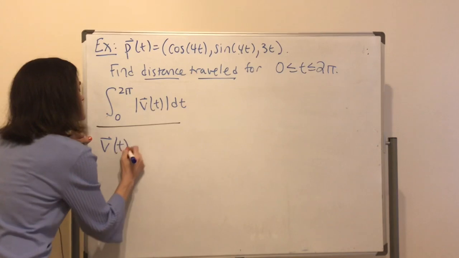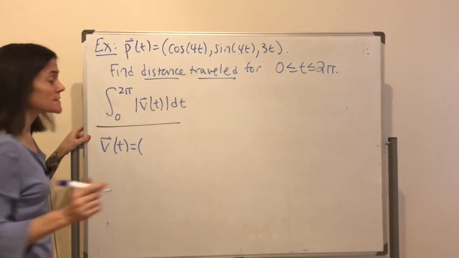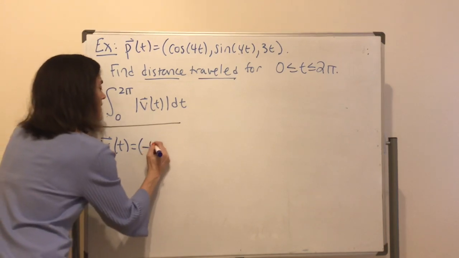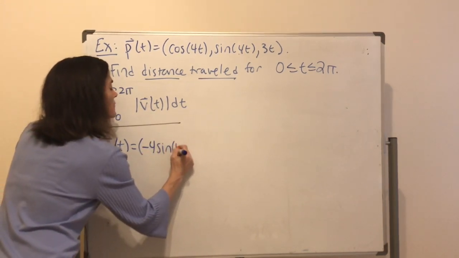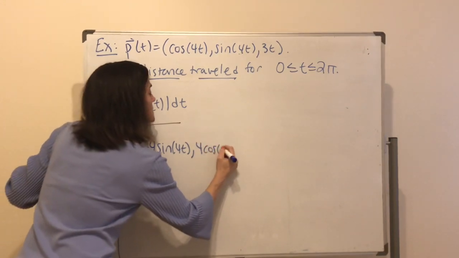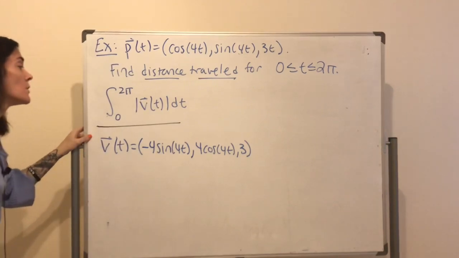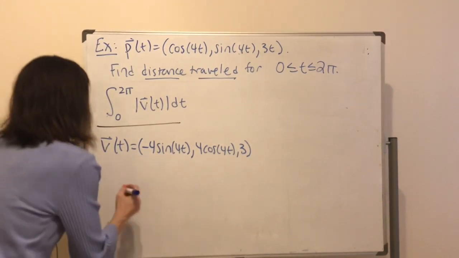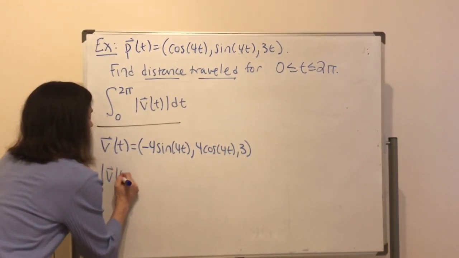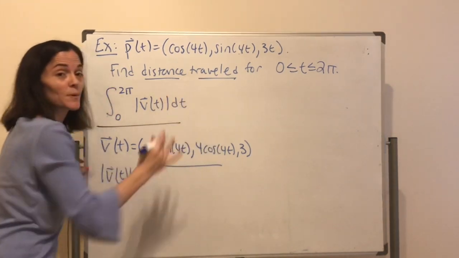First I find this, which we differentiate. When you differentiate cosine, well, it's a chain rule. We have minus 4 sine 4t. Then we have 4 cosine 4t and 3. Okay, then we calculate the length, and I do all of this simplification before I jump into the integral.